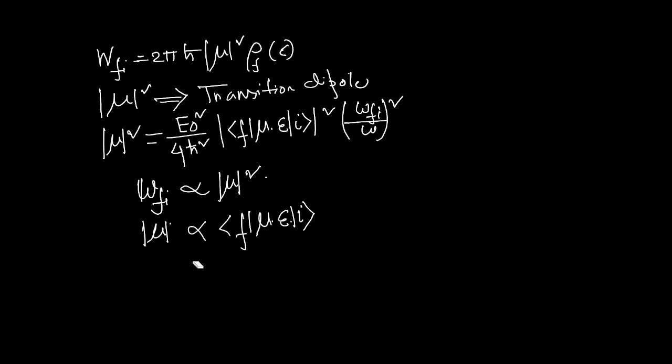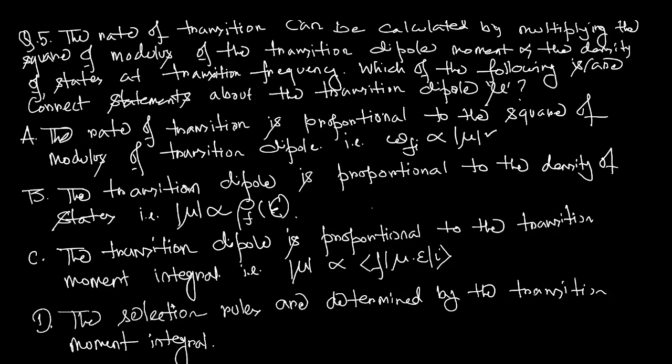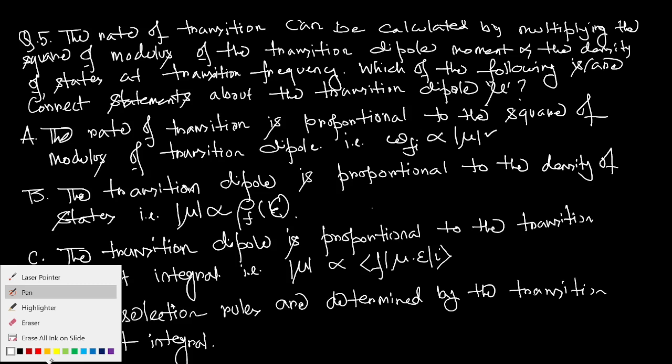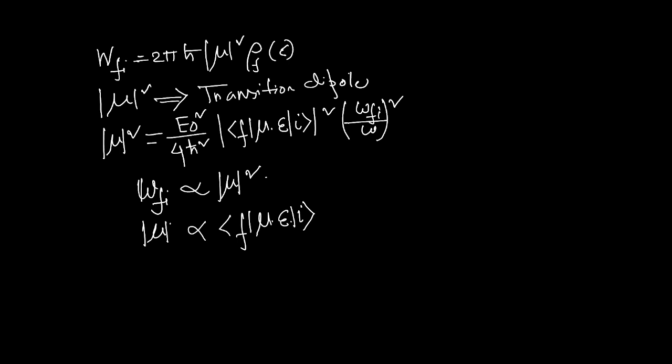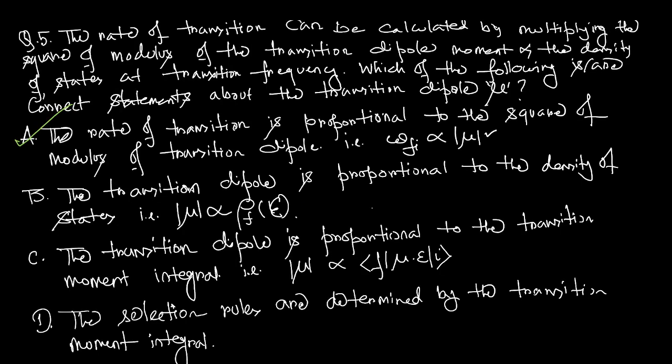So the rate of transition is proportional to the square of the modulus of transition dipole. That is correct. Now the transition dipole is proportional to density of the states, which is not correct. There is no density of the state in the transition dipole expression, so this is incorrect.